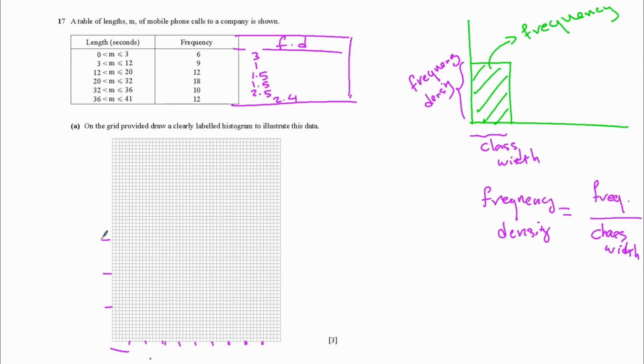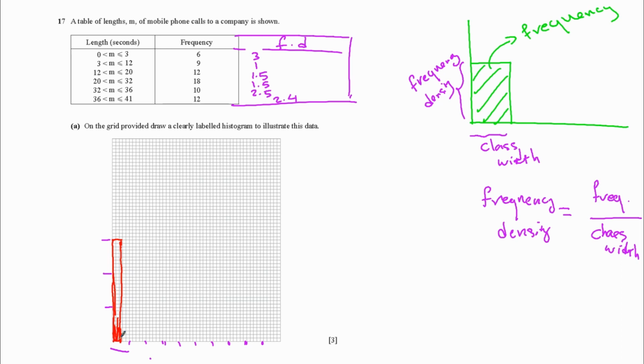On the first one, I have 0 to 3, and that frequency density is 3. So I'm just going to change the color, and I need to draw all the way up to 3 for the first bar. The second one, 3 to 12, is 1.